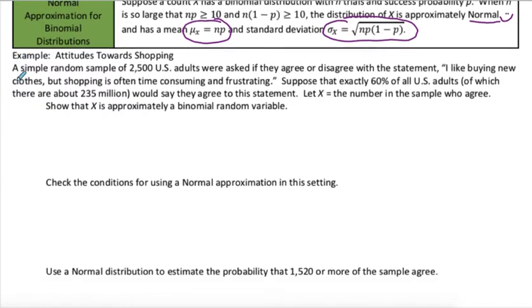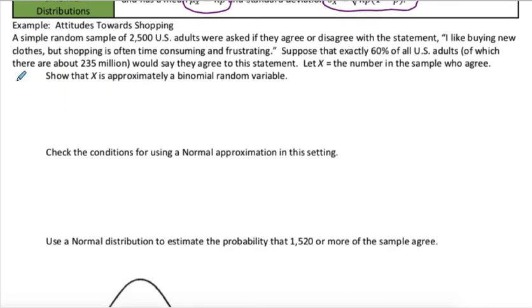All right, so here's our last example. It says attitudes toward shopping. A simple random sample of 2,500 U.S. adults were asked if they agree or disagree with the statement, I like buying new clothes, but shopping is oftentimes time consuming and frustrating.